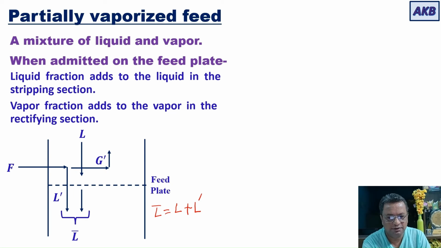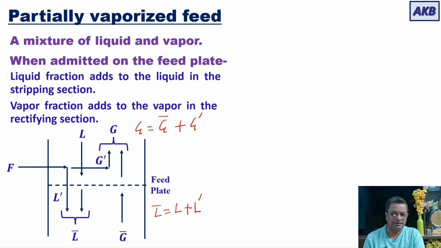Then for the vapor phase, it will be rising from the stripping section at a molar flow rate of G bar, and when it comes in the rectifying section, the vapor part of the feed, that is G dash, will be adding to it to get G. So we can write a relationship: G, that is molar flow rate of the vapor phase in the rectifying section, is the addition of the molar flow rate of the vapor in the stripping section plus molar flow rate of the vapor part of the feed, that is G dash.